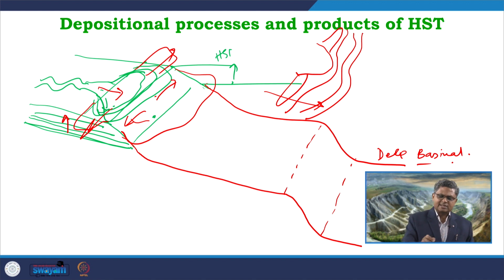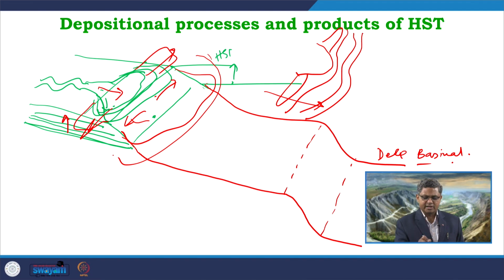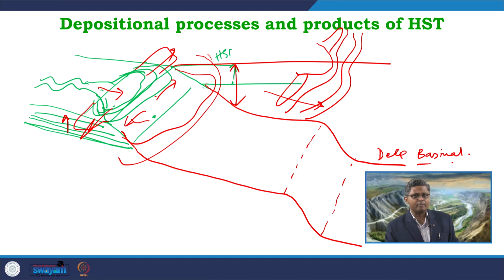When this is happening in this shallower part, most of the sediments are getting trapped over here. As the water level is quite high, this portion is under significant depth, definitely below the wave base.